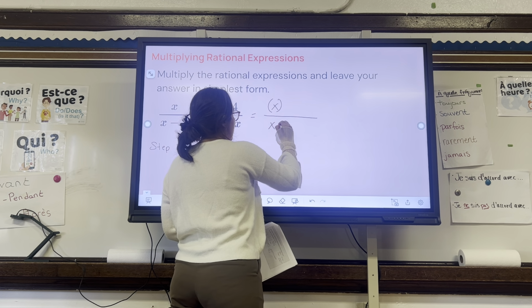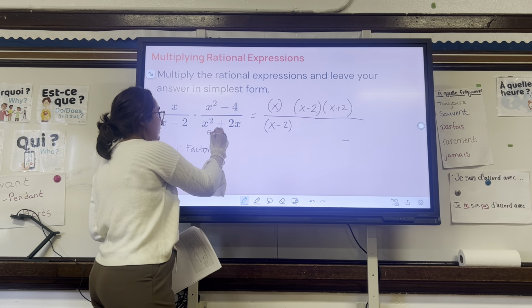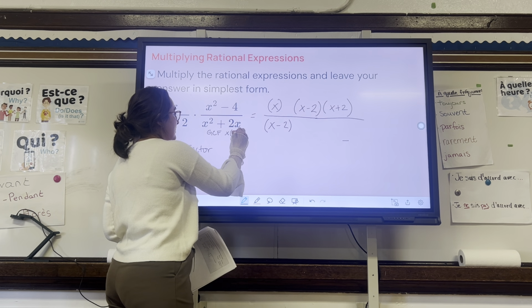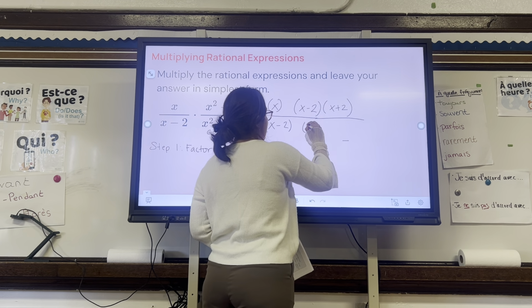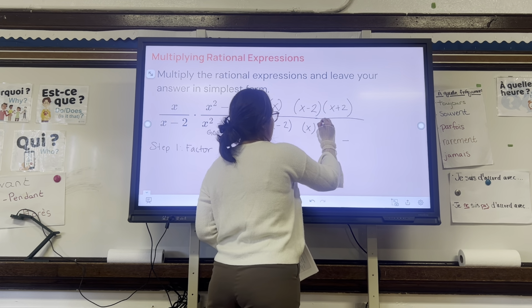Remember, when you multiply, it all stays on the same line. So this breaks up into x minus 2, x plus 2, and this is a GCF where I take out an x. So this is x plus 2.